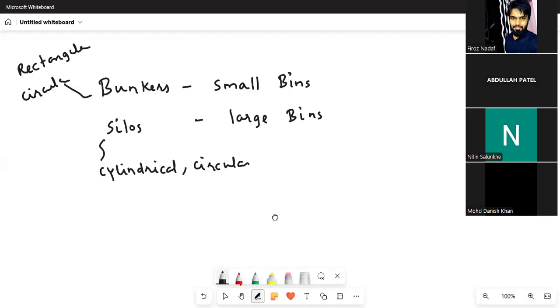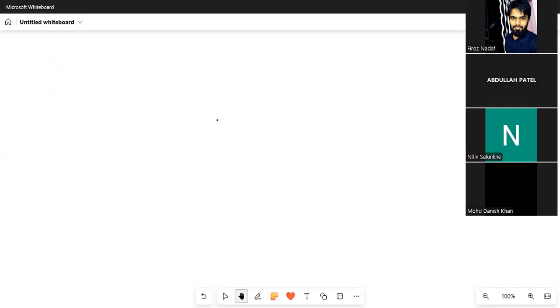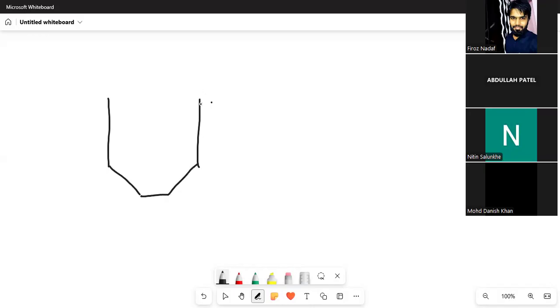Now the difference between bunkers and silos: one difference we got, bunkers are the small bins and the silos are the large bins. If you draw the storage tank, it is like this, right? This is the vertical side wall and this is the hopper bottom.